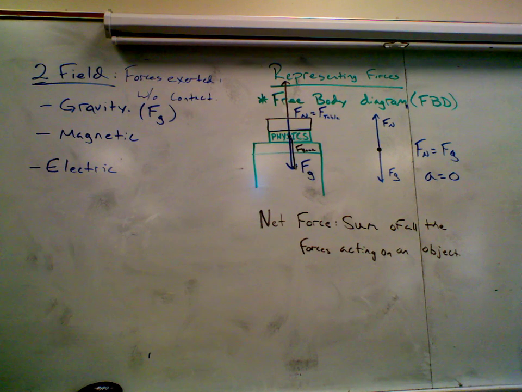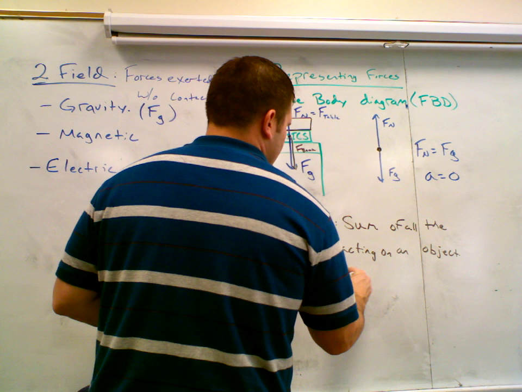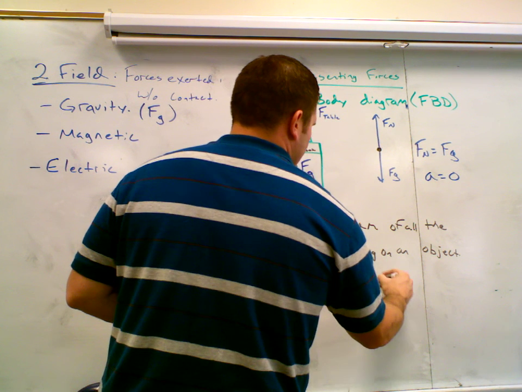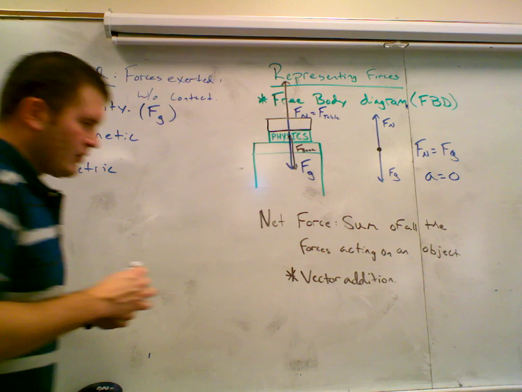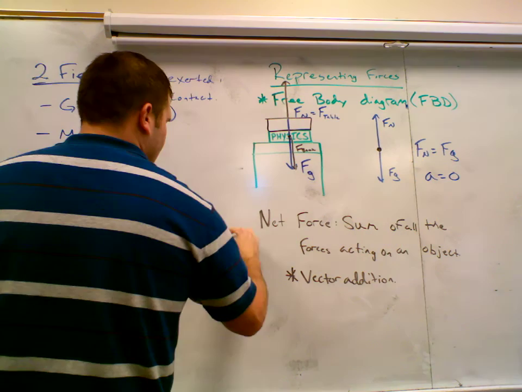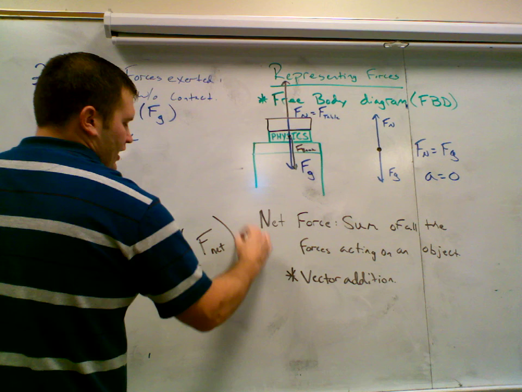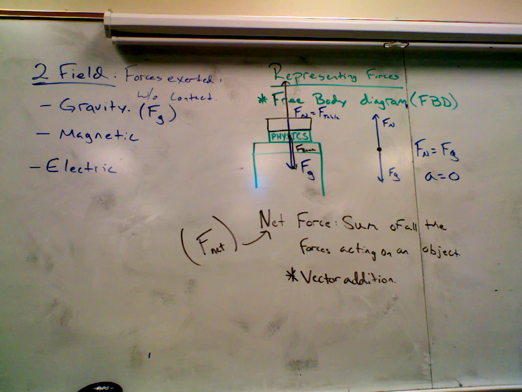To find that force, we do vector addition. And the symbol for net force is F net. Okay? Not Fn, because if I write Fn, that's normal force. So F net is the symbol for net force. All right? Any questions?